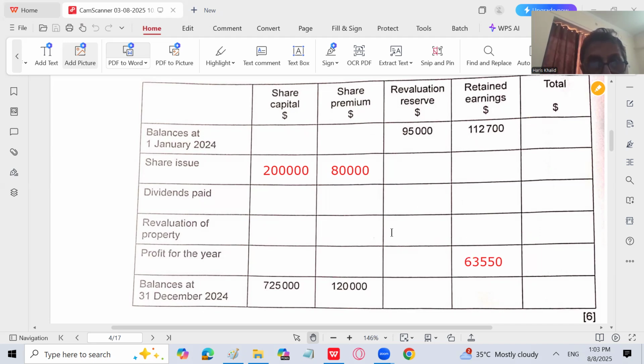If a revaluation reserve is given, the amount is taken from the revaluation reserve, and the remaining amount is taken from the retained earnings. So 95,000 I have taken from the revaluation reserve because it is the only thing which we have currently, and the remaining 55,000 is taken from the retained earnings. Now dividend paid, let me see. What is the amount of dividend paid given in the question? Let's move back. Yes, it is given.